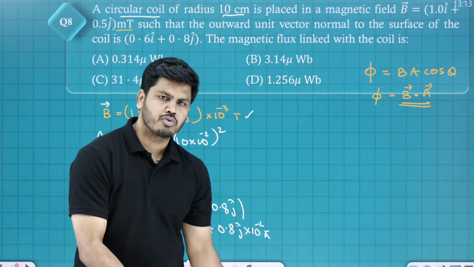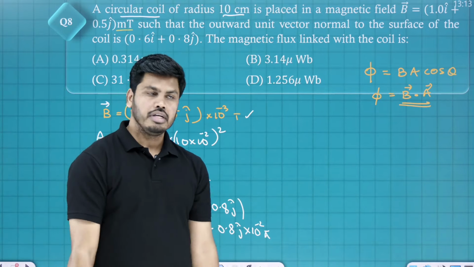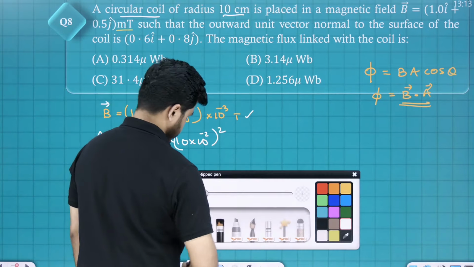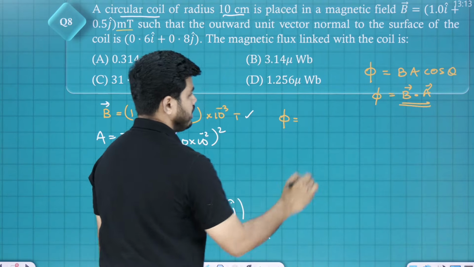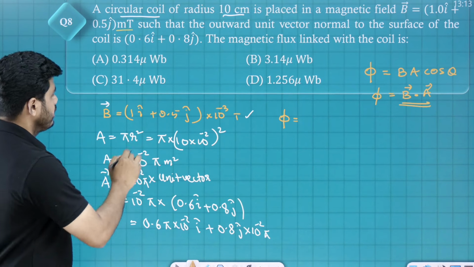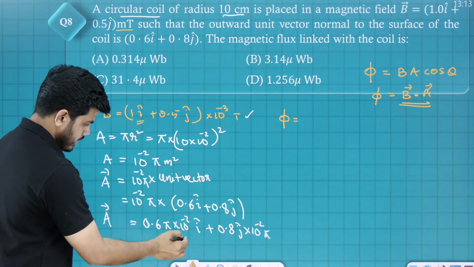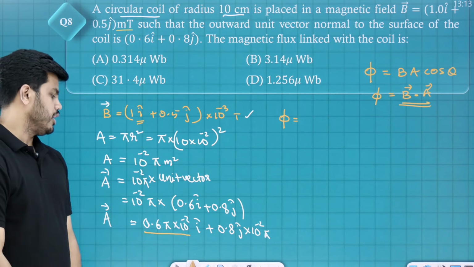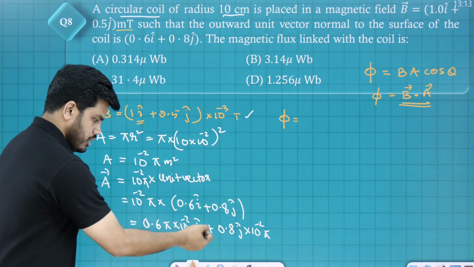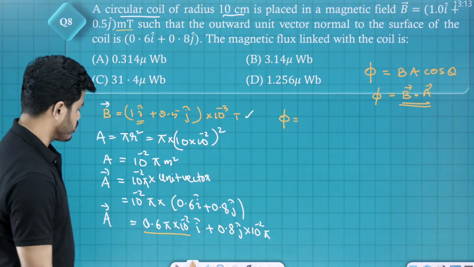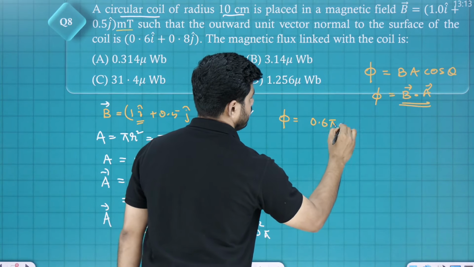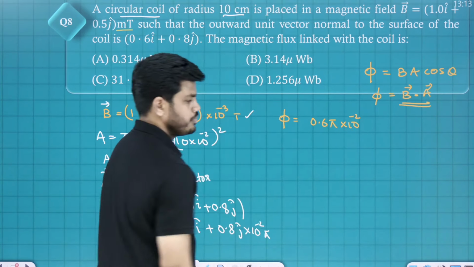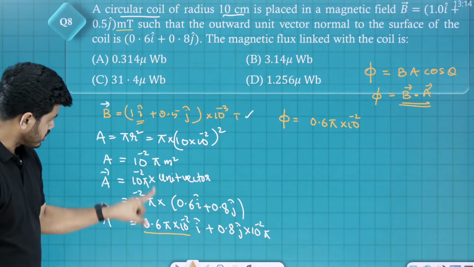Next step is easy. We just have to go for the dot product of two vectors. How will you find the dot product of two vectors? We have i components and j components. So B dot A. For B, this is just one i cap, and here the i cap is 0.6 pi into 10 raised to minus 2. So we multiply those two and get 0.6 pi into 10 raised to minus 2. The i components we multiply together.